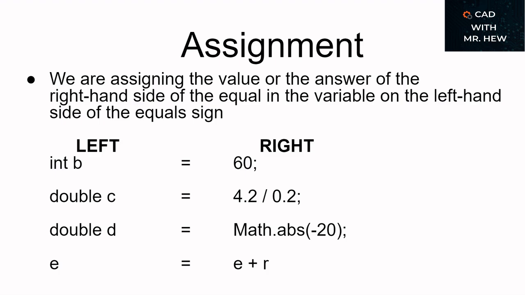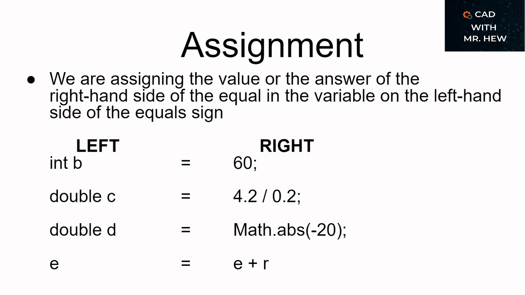On the left-hand side, as we stated, is the variable, and that will be replaced by the values that are stored in the memory location once the assignment statement is executed.